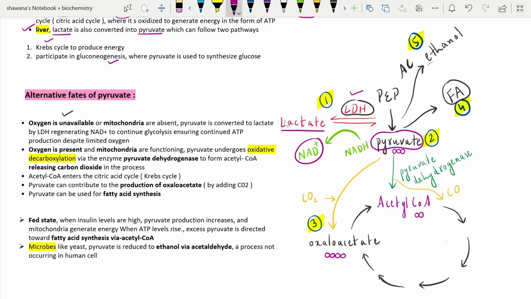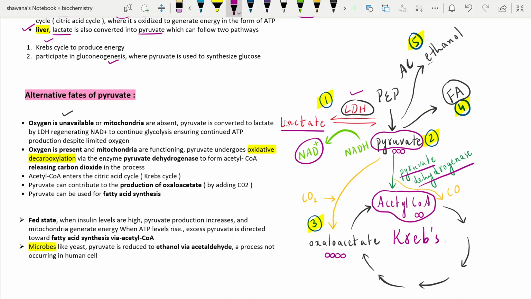The second is that when oxygen is present and mitochondria is present, the oxidative decarboxylation of pyruvate goes via the enzyme pyruvate dehydrogenase, and it will convert into acetyl CoA. It's like a general step that most textbooks talk about, that pyruvate is converted to acetyl CoA, and this acetyl CoA will go into the Krebs cycle and yield us a lot of ATP, right?